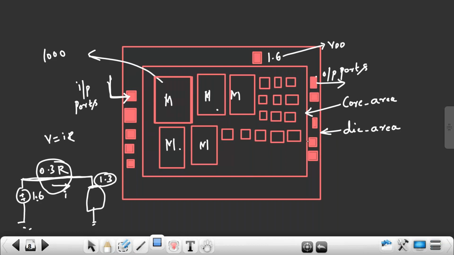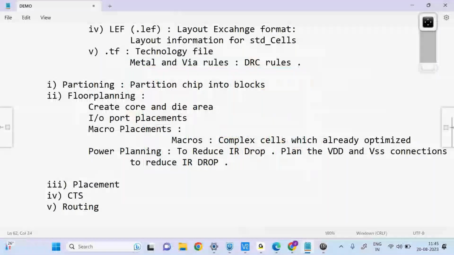Here you are going to place the layout of standard cells inside the core area. That is called placement. So placement means placing standard cells inside the core area.